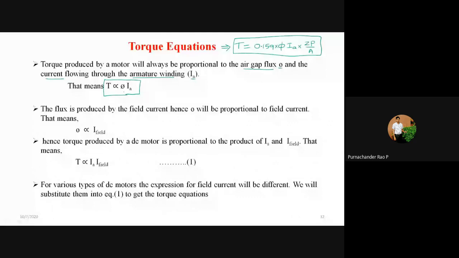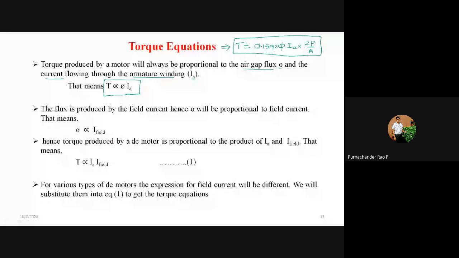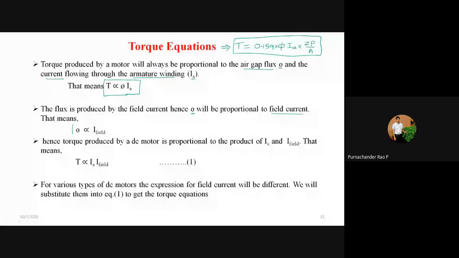The flux is produced by the field winding or field current, hence phi is always proportional to the field current.